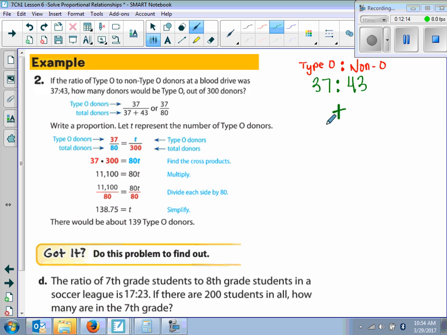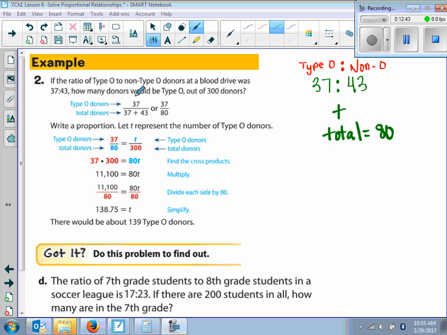So the total then would be 80. Is everybody clear with that? So we're comparing the type O donors to the total. So the first ratio is going to be 37 to 80 because 37 is type O. The total is 80. You see that?